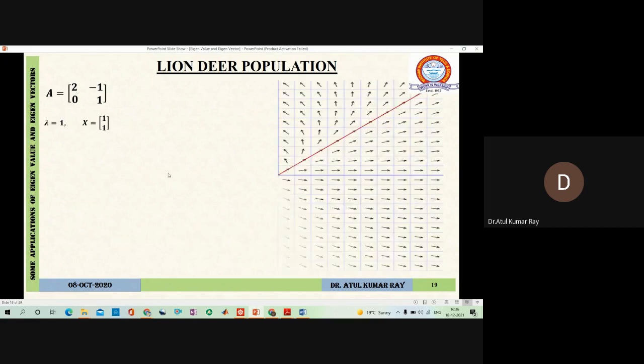Now you see, I follow the same steps to get this curve. If the number of lions is increasing or the number of deer is less, it is a very dangerous situation for the deer to survive. In that case also, we have taken two eigenvalues and eigenvectors, and it is done similarly.